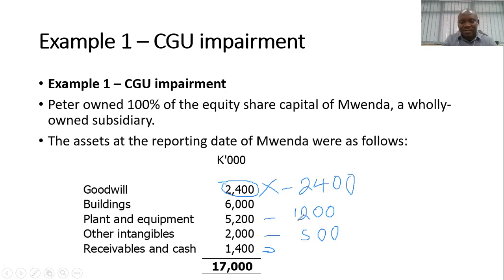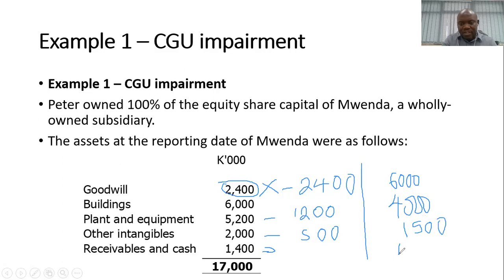So in short, we'll have 6,000 for the buildings. We'll have 4,000. Here we'll have 1,500.